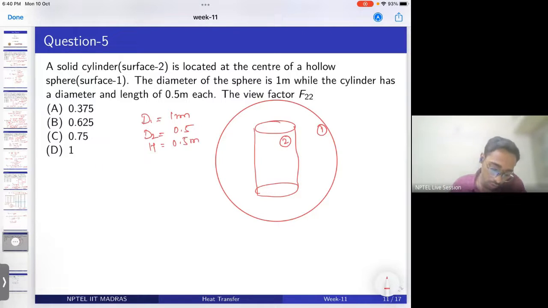We are asked to find out the view factor F22, that is from the cylinder.